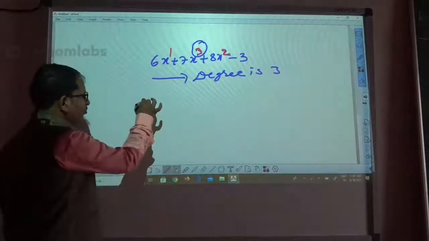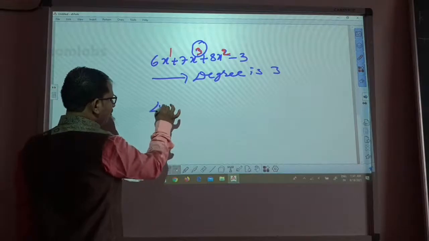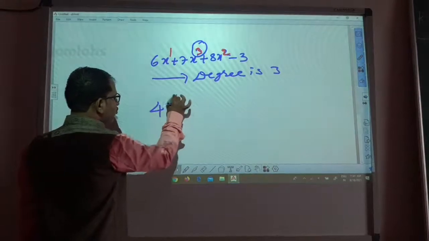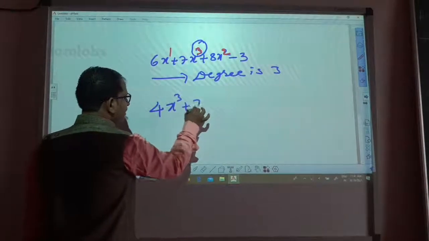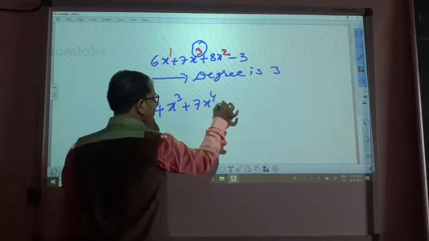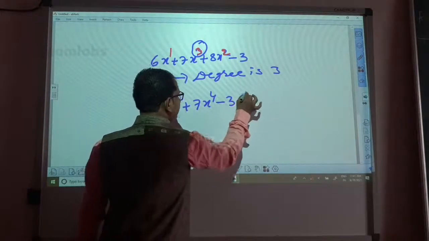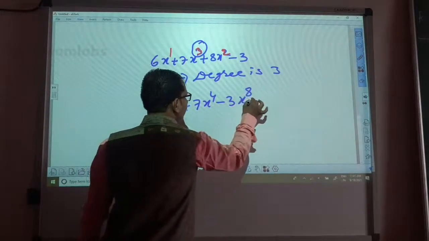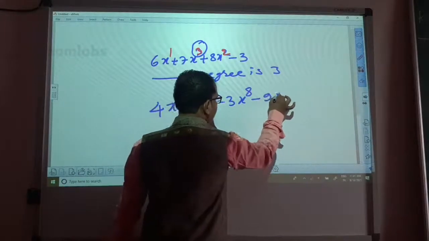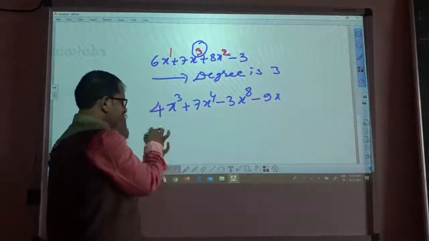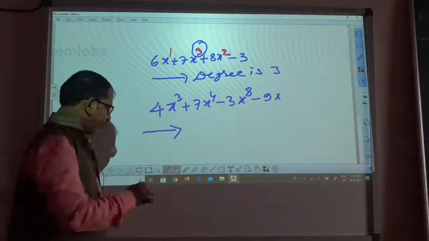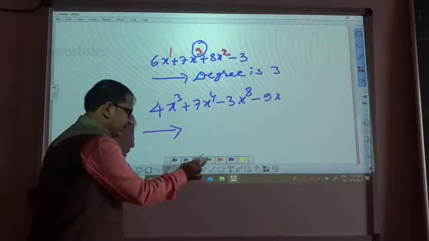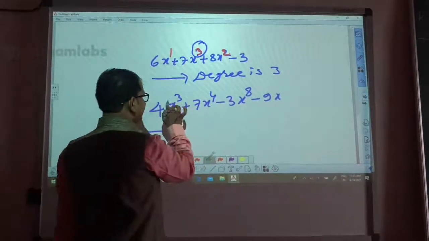If you write one more example, for example 4x cube plus 7x raised to 4 minus 3x raised to 8 minus 9x, then what is the degree of the polynomial? If anybody asks, we can give the answer easily.